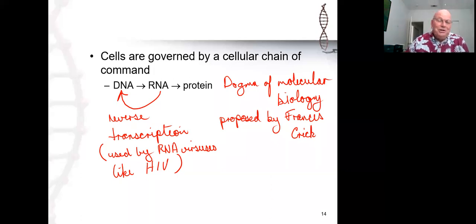So now the cell machinery is simply obliging the virus by turning that DNA into double-stranded DNA, which then gets inserted into the chromosome. So the virus really is using the cell's machinery against it. This is the process of reverse transcription. But again, remember, the primary flow of information and the predominant flow of information in cells is always DNA to RNA and to protein as proposed by Crick.